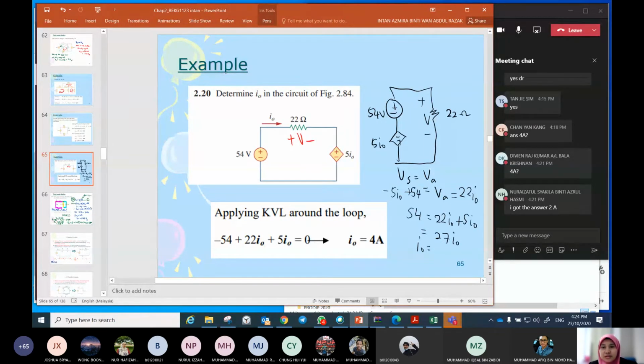Same or not? Oh, it's not. Negative 54 volt plus 5 I naught equals to 22 I naught. Isn't it? Wait. Negative, positive, negative, and negative. So 5 I naught, current flow.